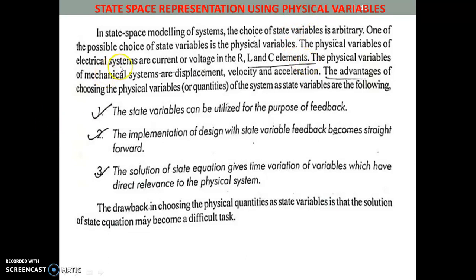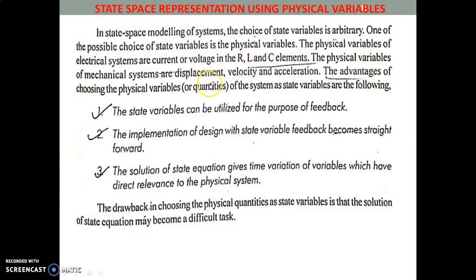The physical variables of electrical systems are current or voltage in the R, L and C elements. Already we have active elements and passive elements. Current and voltage are active, and R, L, C, resistance, inductance and capacitive elements, are passive elements.